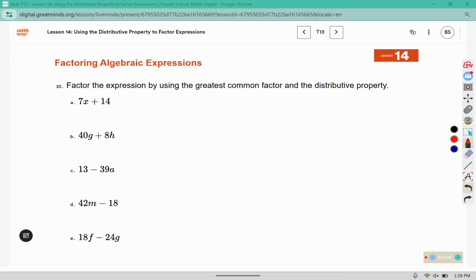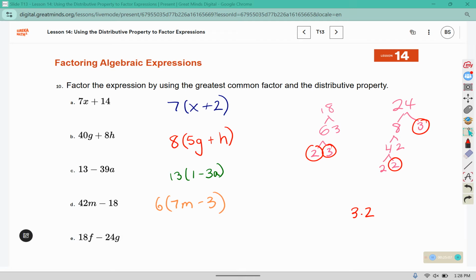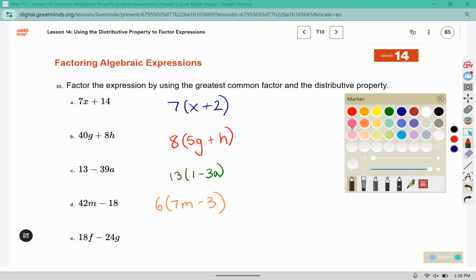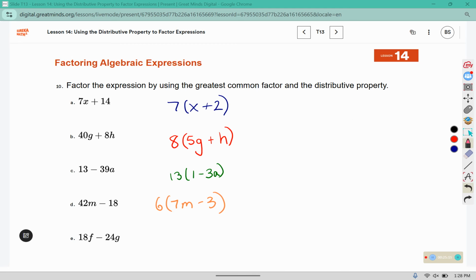So 6 is our greatest common factor for this last one here as well. 6 times 3F would give us 18F. And 6 times 4 gives us 24. So we want 4G there.